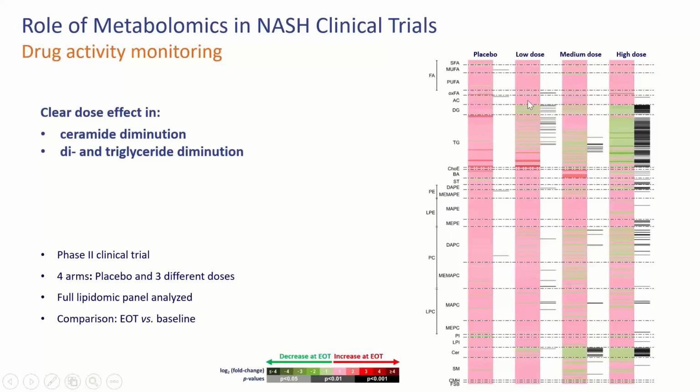There is no activity in the placebo, very mild activity, if any, in low, some activity appears in medium, and in high dose, a lot of activity. This is a first example to show that with this technology, you can prove the activity of your drug in the very critical lipid groups that are really important to reduce in NASH.